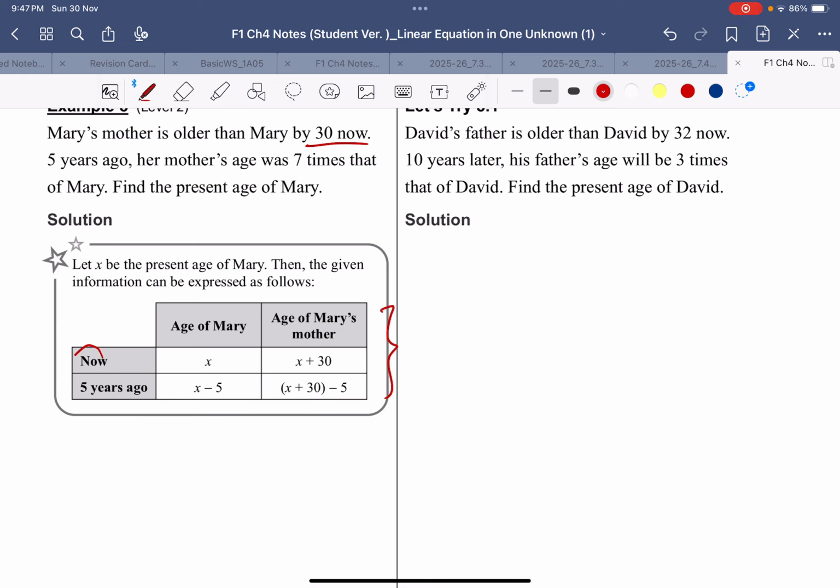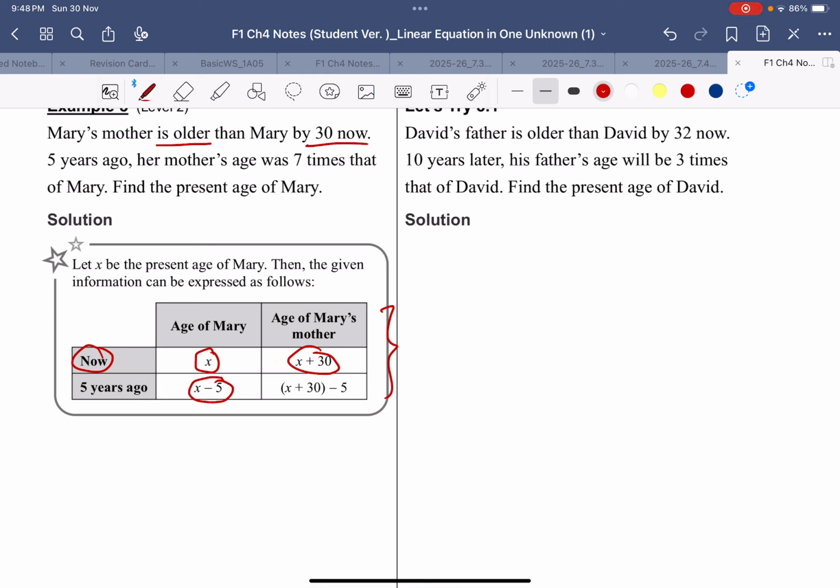Now if we let X be the age of Mary, the age of Mary's mother will be X plus 30, because her mother is always older than Mary by 30 years. And then 5 years ago, the age of Mary should be X minus 5.